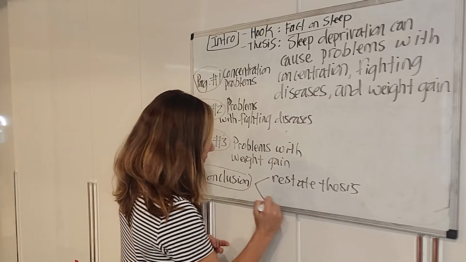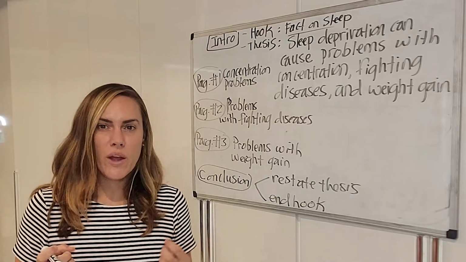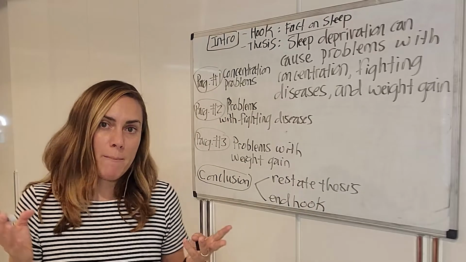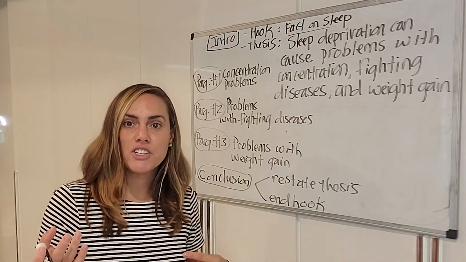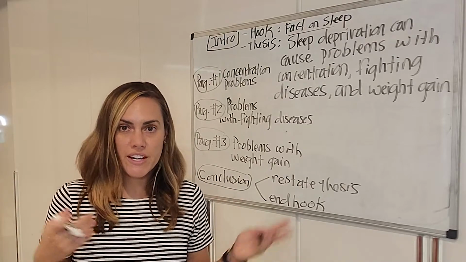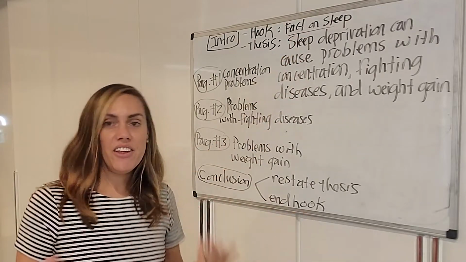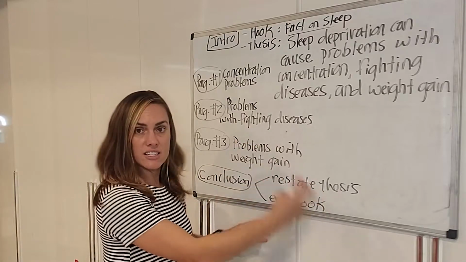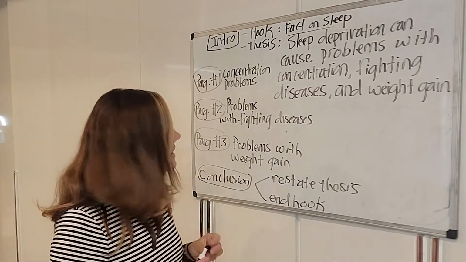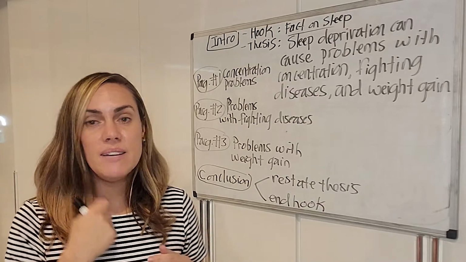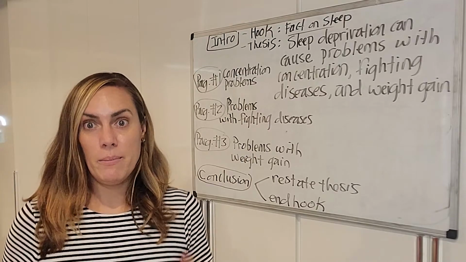Then here, you're going to have some sort of end hook, which is a way to leave the reader with something to remember about your paper, like a quote, another question, the end of a story, something interesting, kind of like a hook, right? But it's an end hook. And then of course you need some way to connect these two ideas, some sort of connecting information. But that is an outline for an essay that I would use to start before I start writing my paper.